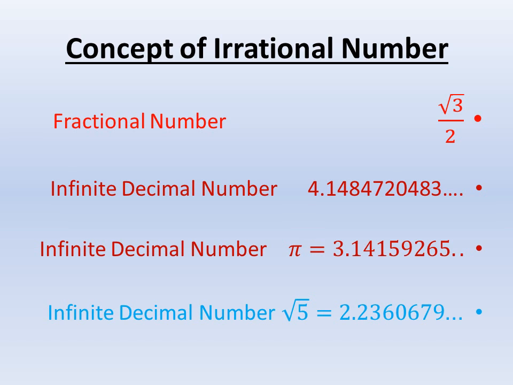Also, the root of 5 is equal to 2.2360679, which means an infinite decimal number. All these numbers are called irrational numbers.